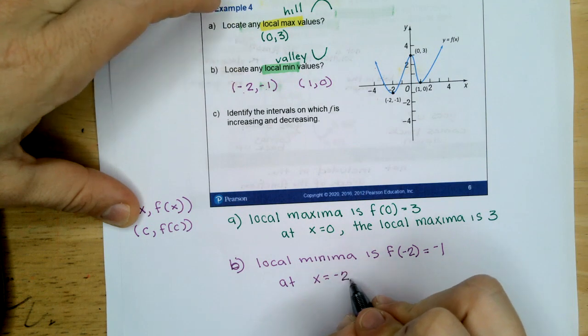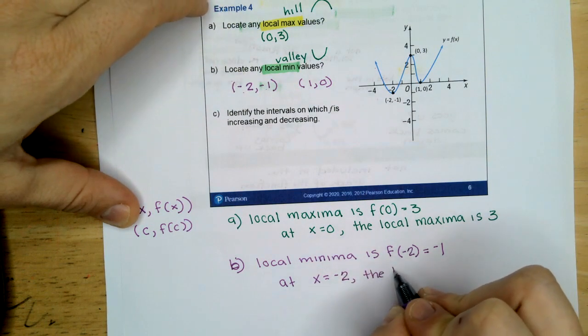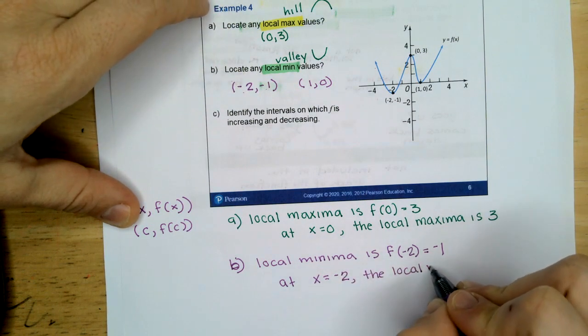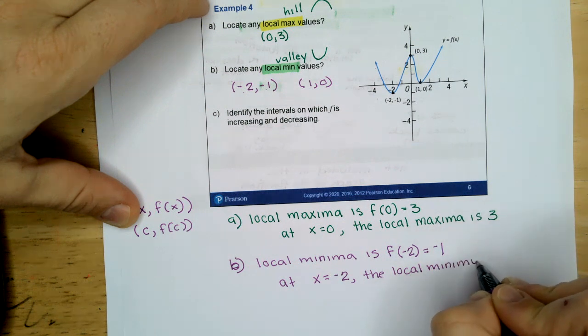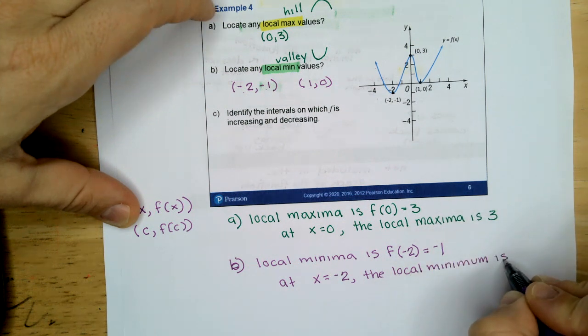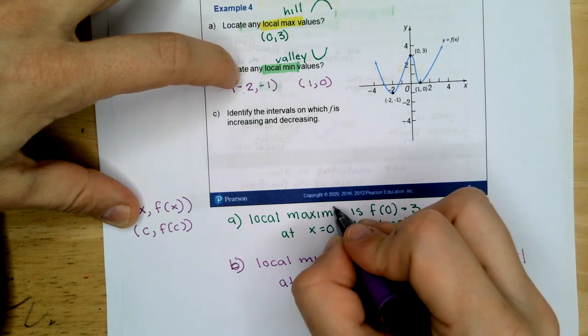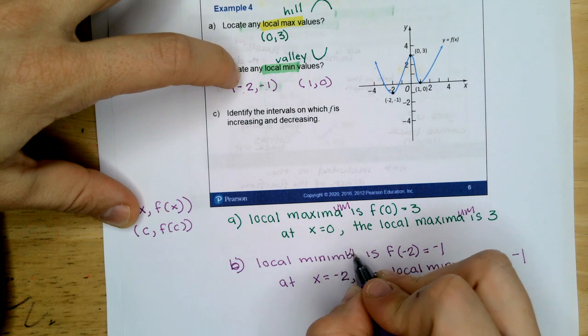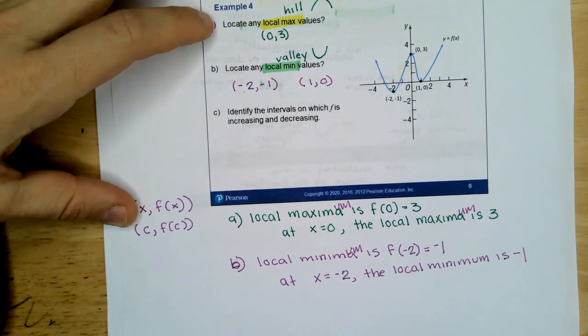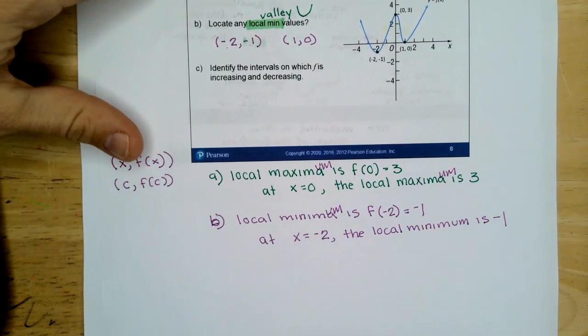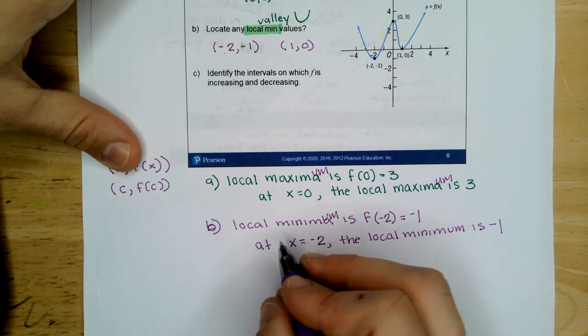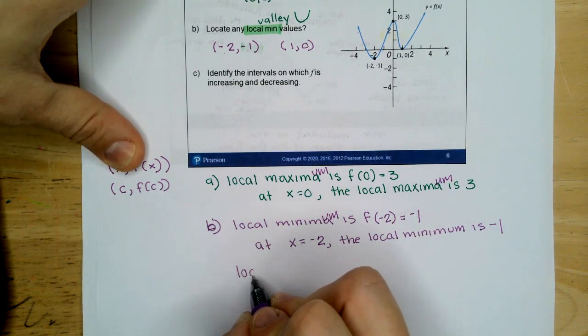At x equals -2, the local minimum is -1. I think it's supposed to be maximum, because that's a plural. I don't know. Thank goodness, it's not English class. Good. And then there's the second local minimum.